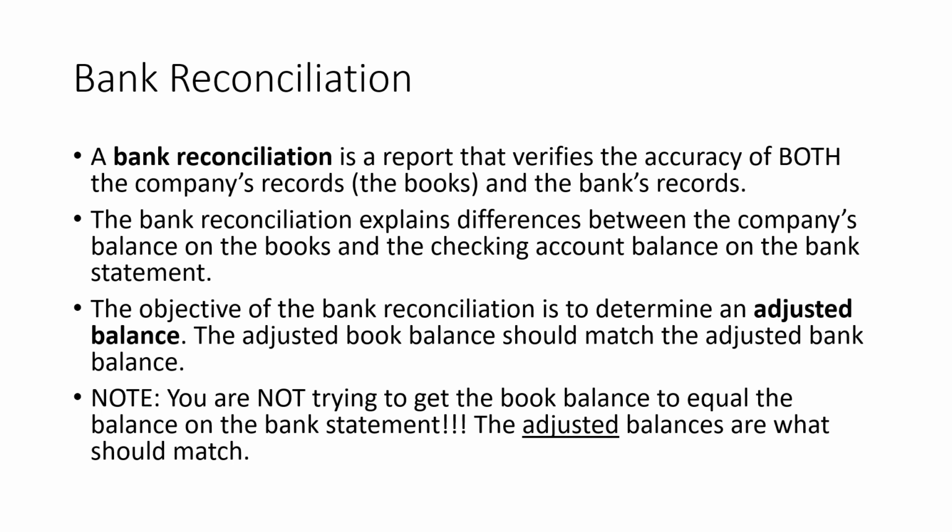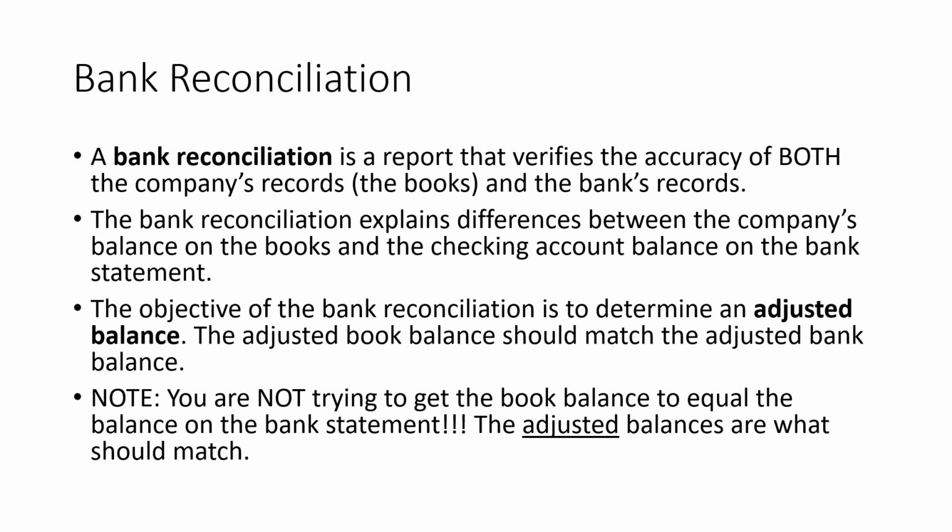That is not it, so just know that so you don't get confused. A bank reconciliation is a report that verifies the accuracy of both the company's records, the books, and the bank's records. It explains any of those differences, and essentially it is a control over cash.